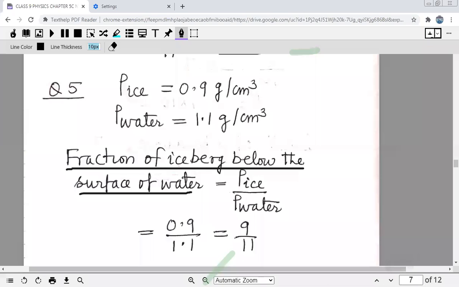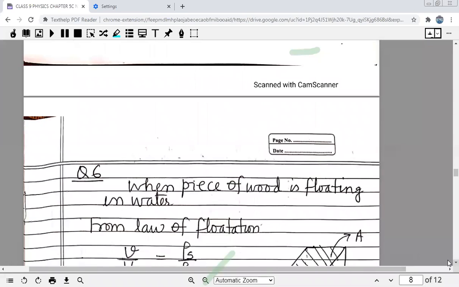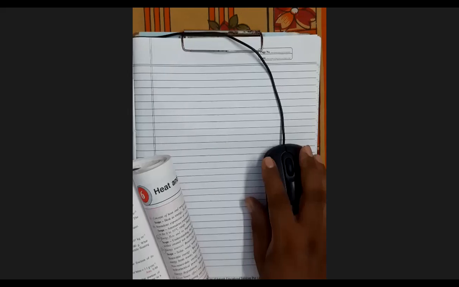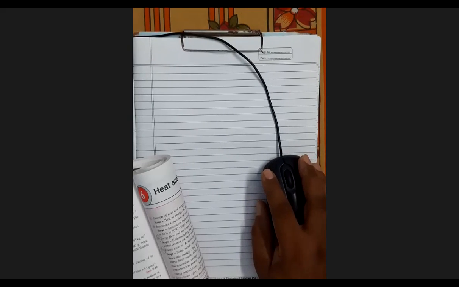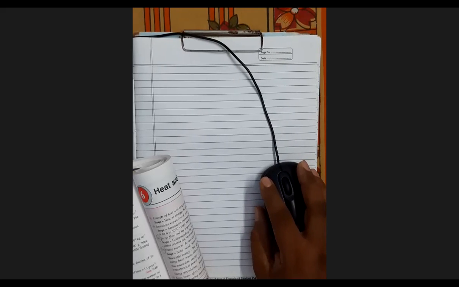Substitute the values, it will come out 9 upon 11. It is clear? Yes, sir. See the next.